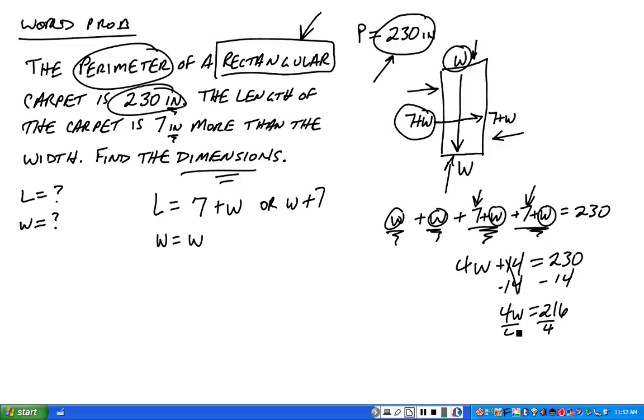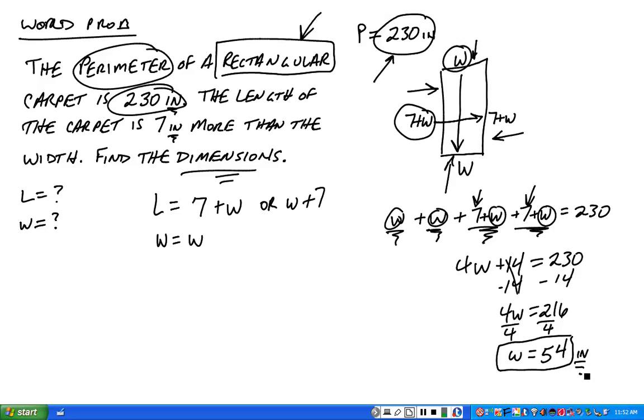Divide by 4, divide by 4. W equals, what's that, 54. Just double check. 216 divided by 4. Alright, we have our 54. So now we know what the width is. The width is 54 inches.